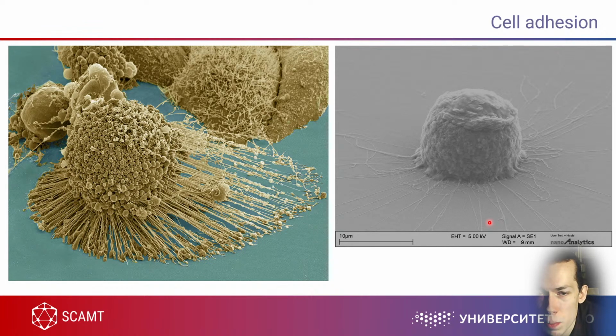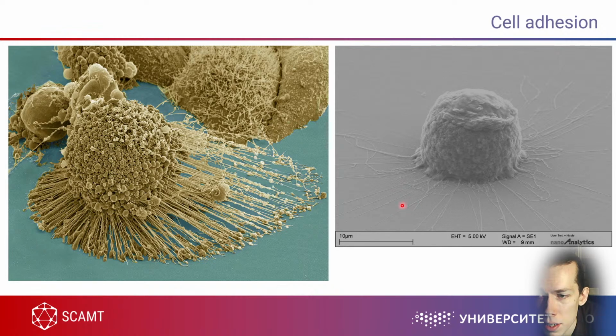Another important aspect is cell adhesion. What's so special about cell adhesion? I believe it's an enhanced SEM image, so artificially colored, but this is an actual SEM image, a very nice one, and I think it's HeLa cells. And as you can see, there are a lot of connections of the cells to each other and to the substrate. And usually we don't see these connections because they are very, very small.